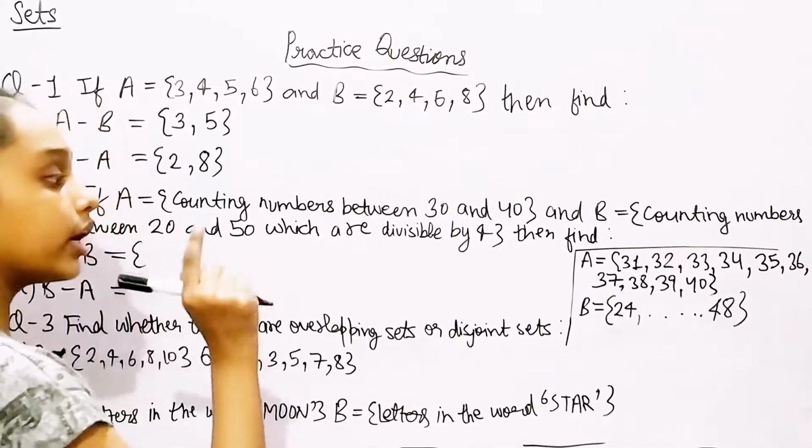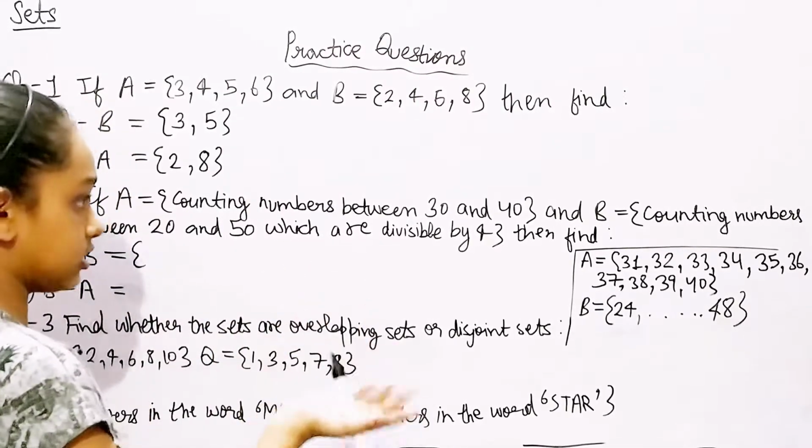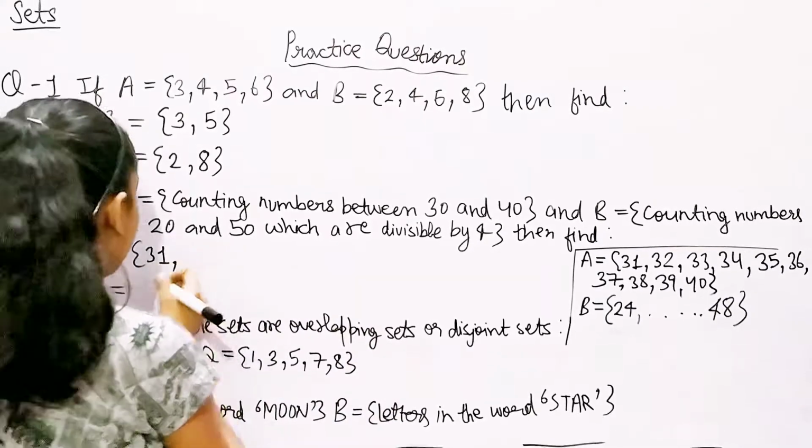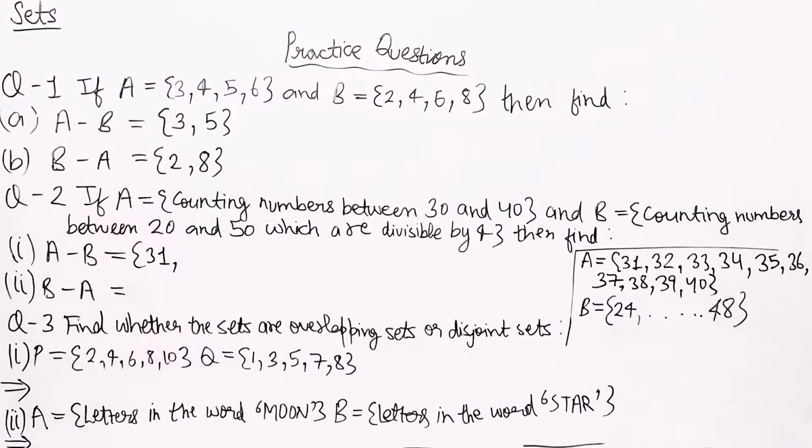Okay, so 31 in B it isn't, so let us write it. So 31, and the next number is not 32, because it's in B. Now 33 is not an element of set B, isn't it?